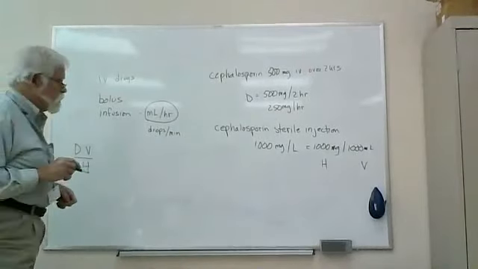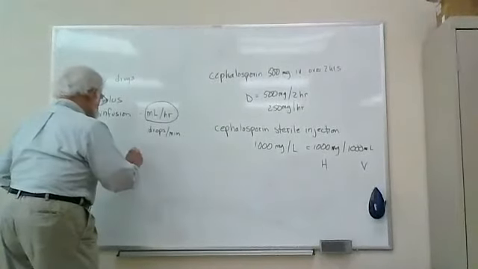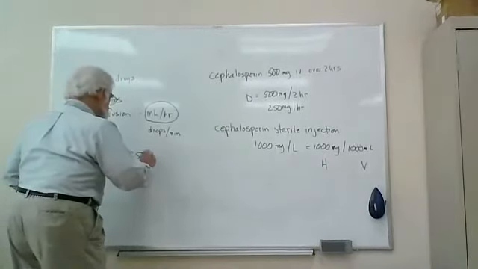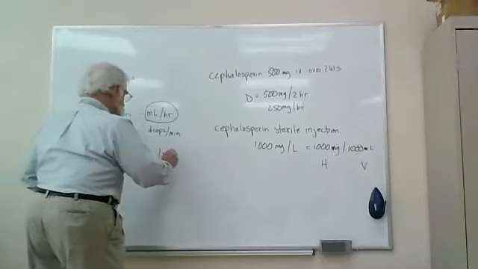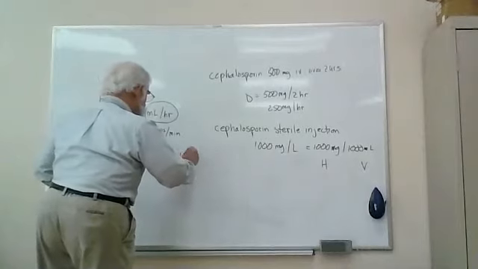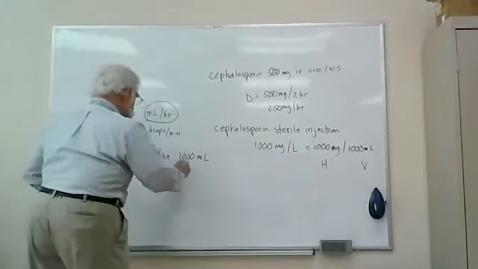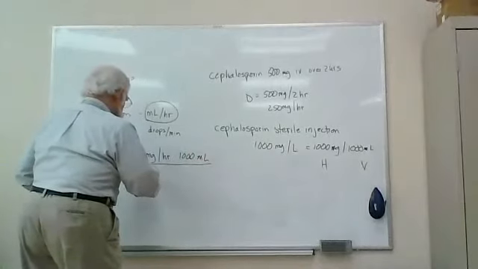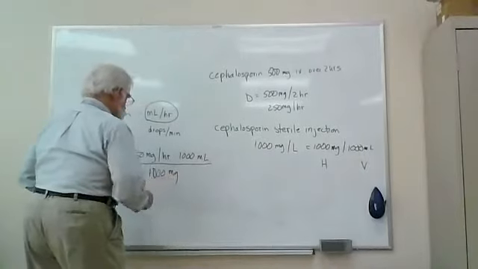Right. So we want to deliver 250 milligrams per hour, that's our D, times 1,000 milliliters, that's V. H is 1,000 milligrams.